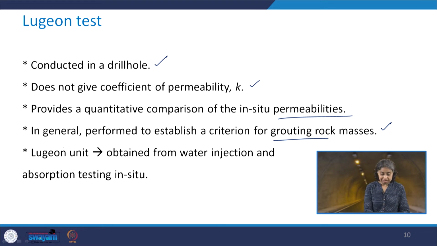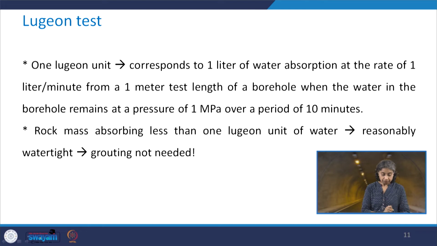Then this Lugeon unit is obtained from water injection and absorption testing in situ, that is done in the field. So what do we mean by 1 Lugeon unit? This is a bit long a definition, but focus and you will realize that it is very easy to follow.